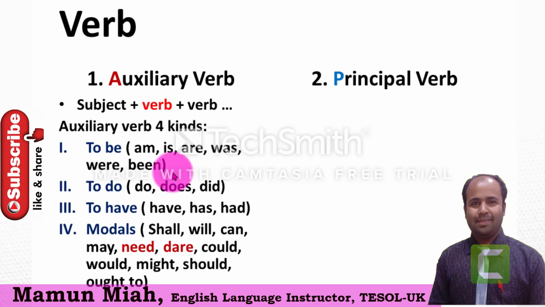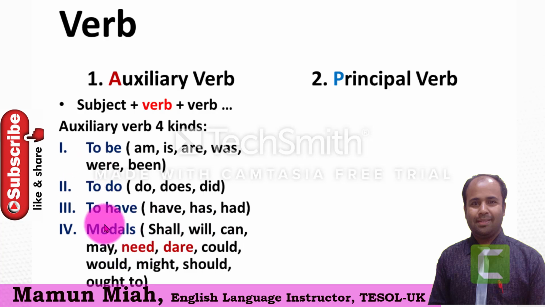These are the forms of to be. In a sentence, any verb can be used, but it will be called to be verb. To do. Do has three forms: do, does, and did. To have. Also three forms: have, has, and had.